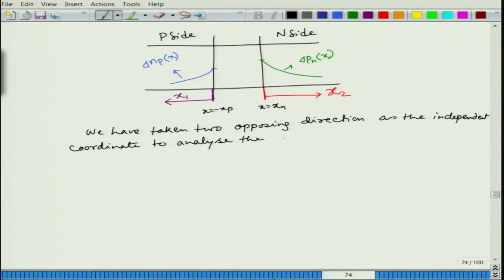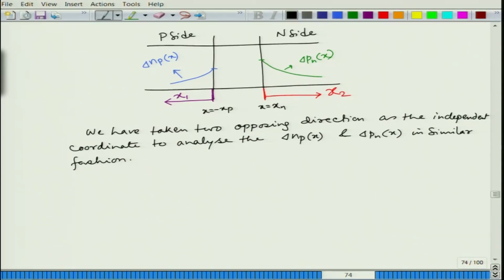the delta n_p(x) and delta p_n(x) in a similar fashion. Otherwise, we always have to bother about the sign.